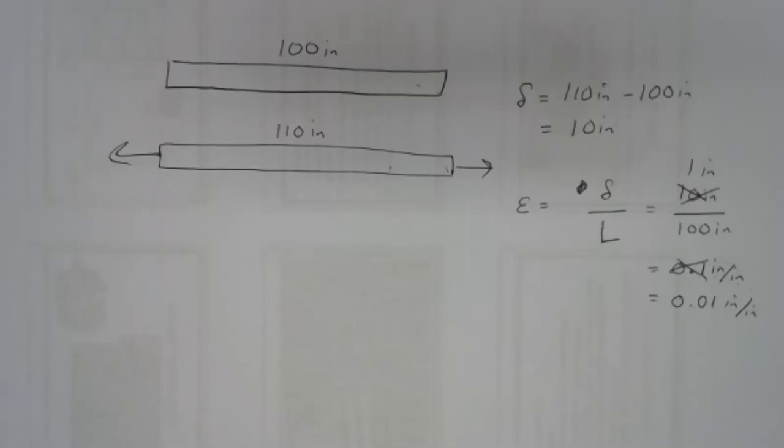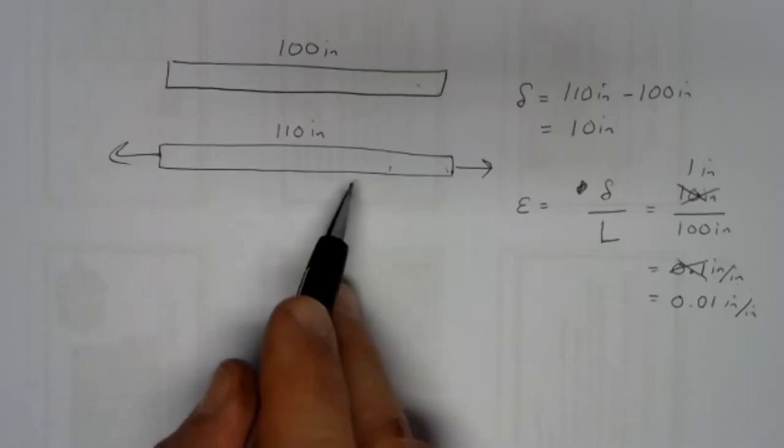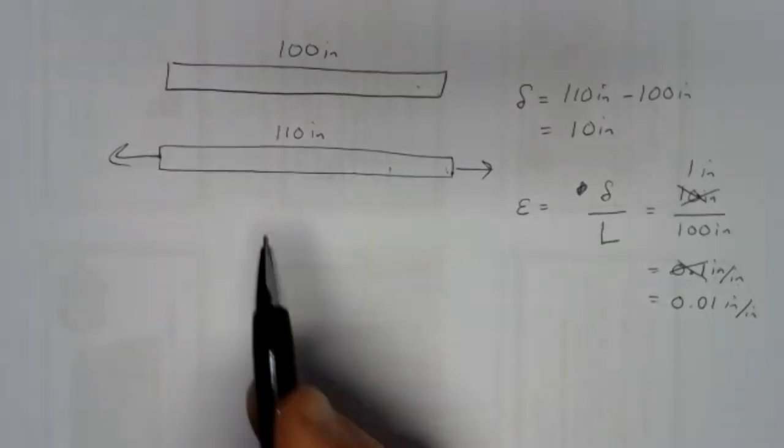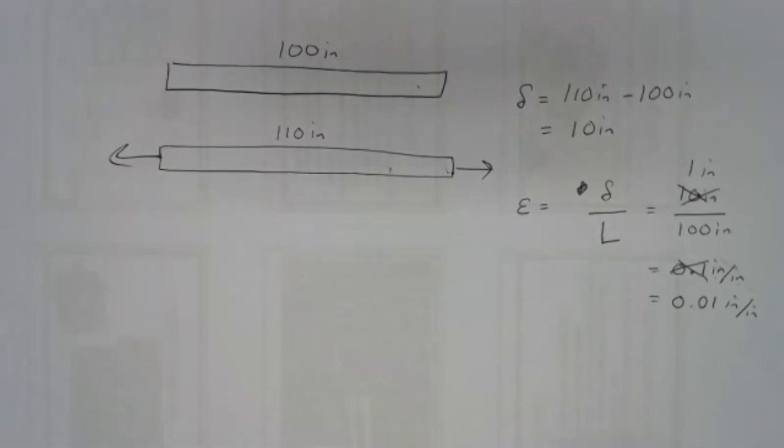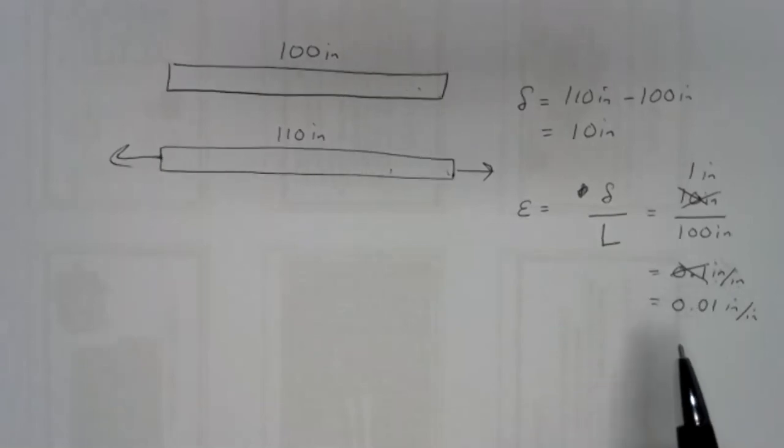So generally very, very small until we start getting up to really, really large forces or really, really small cross-sectional members where the stresses are pretty high. But generally you can expect the strains to be very, very small. Thousandths of an inch or less is common.